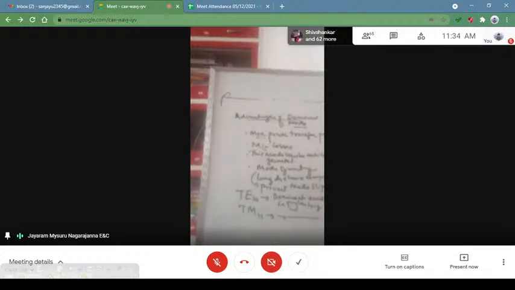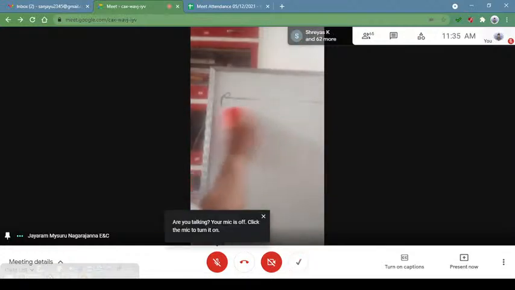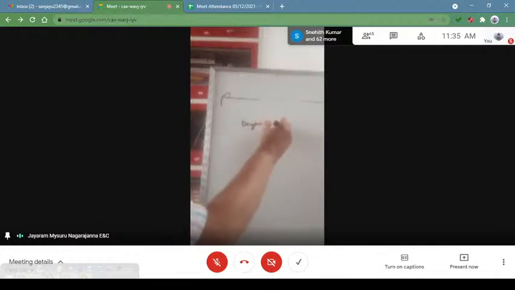Apart from this dominant mode, one more terminology is generally considered, which we call degenerative modes. What is meant by degenerative modes?